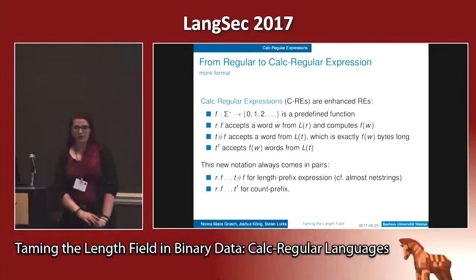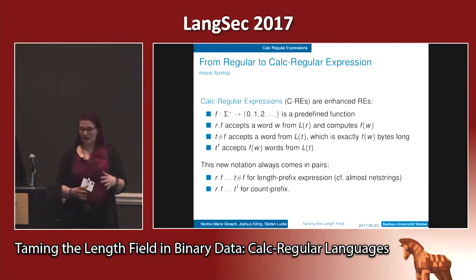So Calc regular expressions are just an enhancement of regular expressions, although we have to predefine a function which takes an input out of sigma star and evaluates it to a natural number. And then we have a sub-expression r dot f, where r is a regular expression, so it could also be Calc regular, but nesting in this case is very complex and would take too much time to explain all the details.